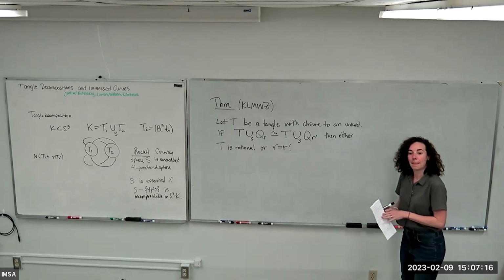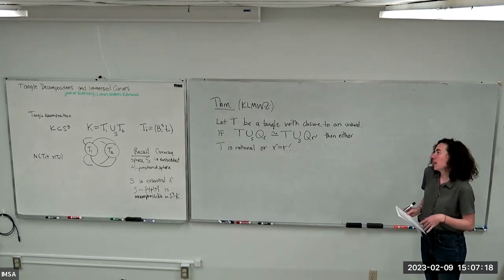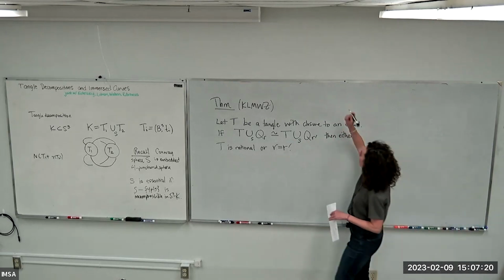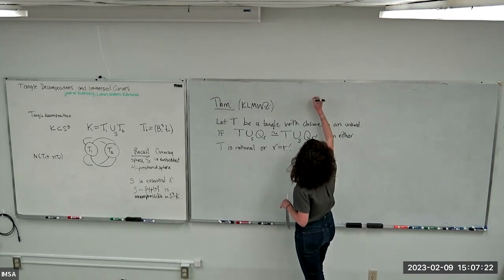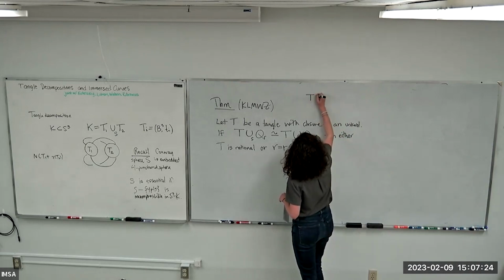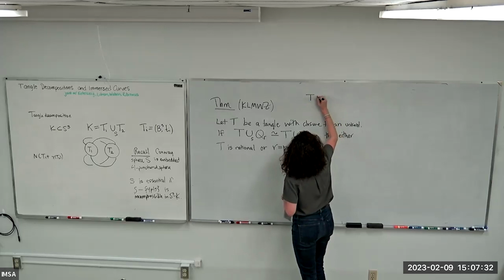The unknot closure doesn't have to be rational. No, it could be any closure, like some other tangle. I mean an unknot closure, meaning T union T prime is an unknot.